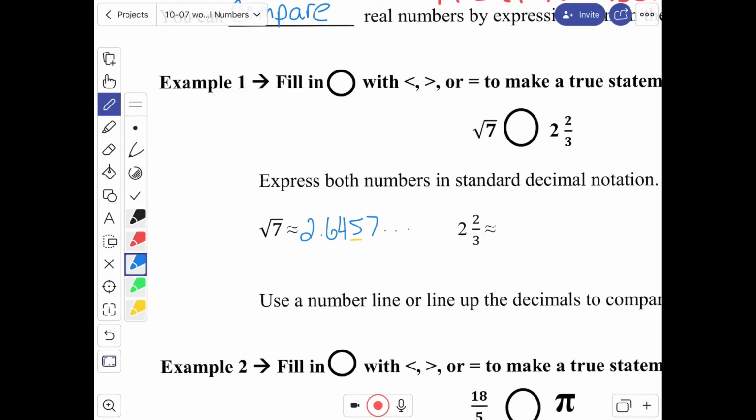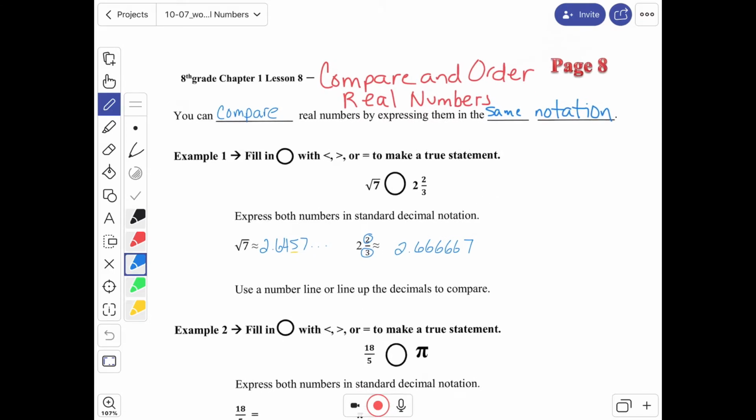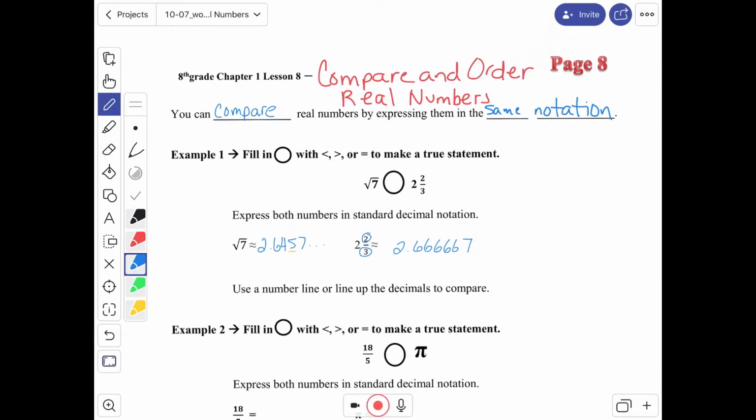But if you want to put that in the calculator and figure out what 2 divided by 3 is, at the end it usually puts a 7. If you put that answer on any of your 7th grade work, I will immediately know that you used a calculator, because that 7 is just rounding. We write it like this. That means that the 6 is repeating, and the calculator automatically rounds the last digit.